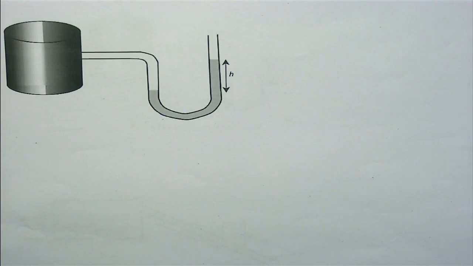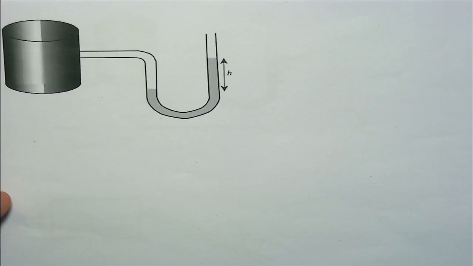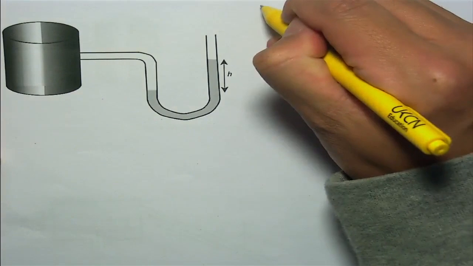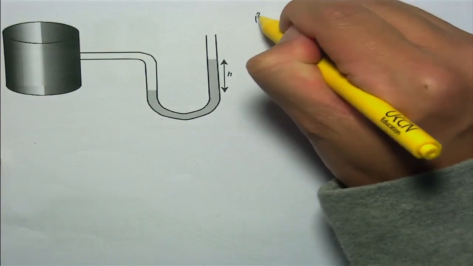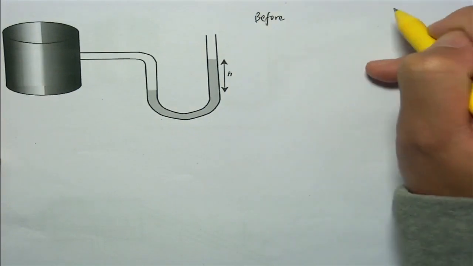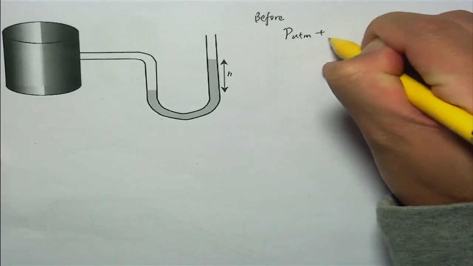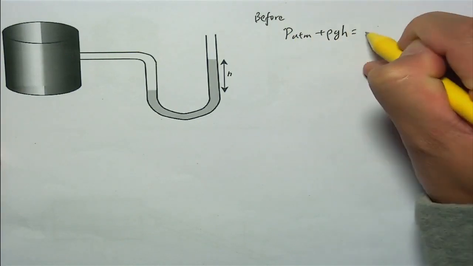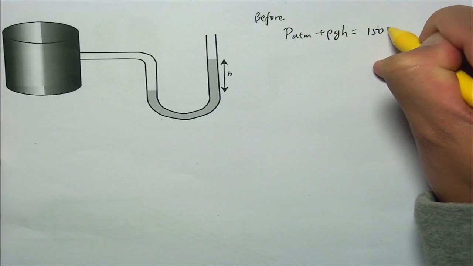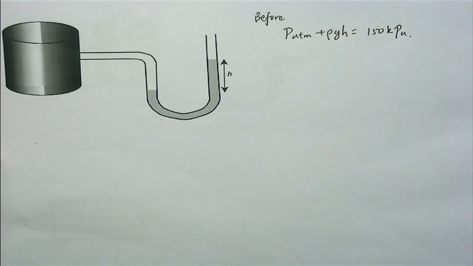So before the pressure increased, we could get P atmosphere plus rho GH is 150,000 Pa, right?